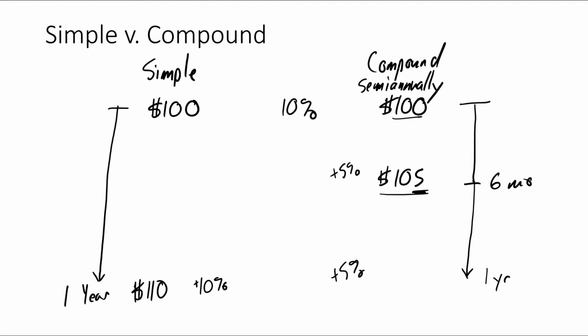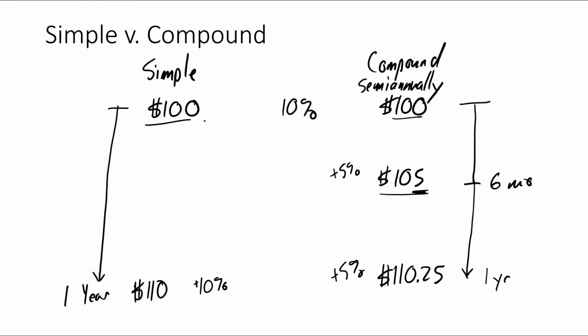So in this case, when interest is compounded, interest is being earned on other interest, not just on the original amount. So with simple interest, interest is always just paid on the principal. With compound interest, interest is paid on the principal plus any other interest that has been previously earned. So here our ending balance would be $110.25.